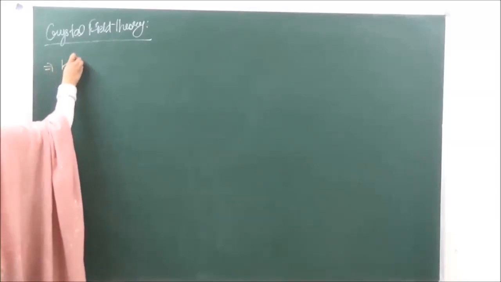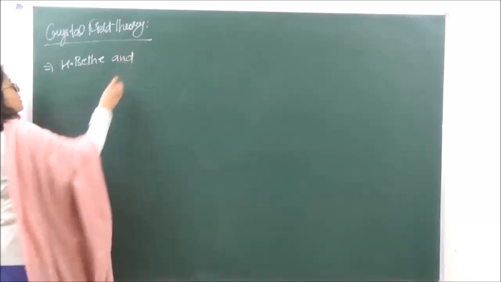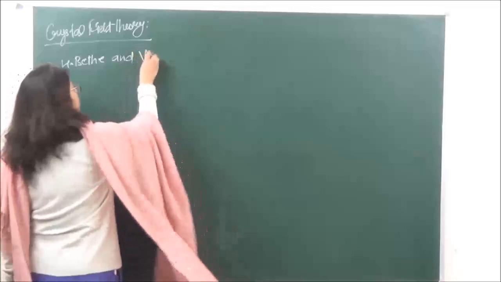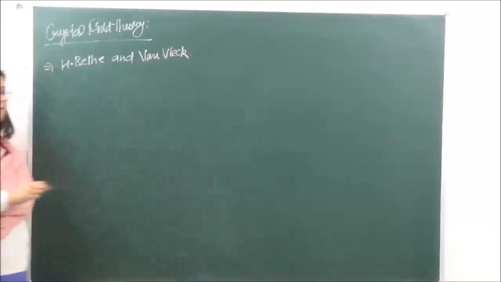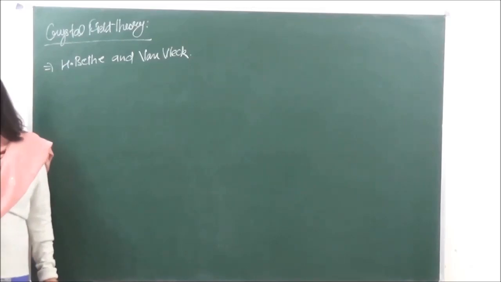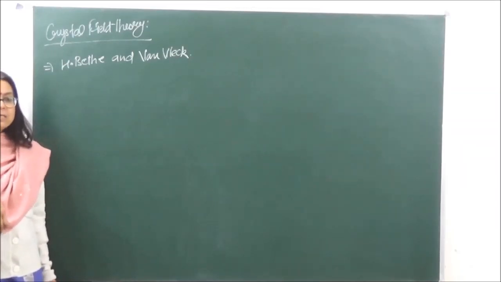This theory was proposed by H. Bethe, the name of the scientist, and Van Vleck. Now what does this theory say? Initially this theory was applied to the ionic crystals to explain their optical properties, right?